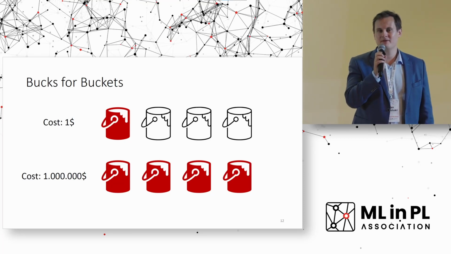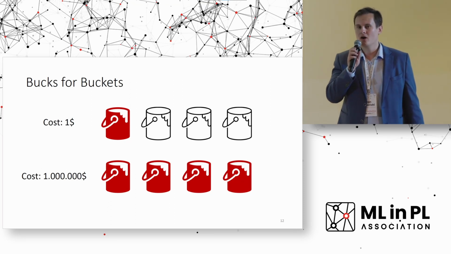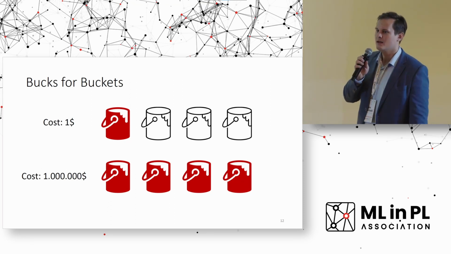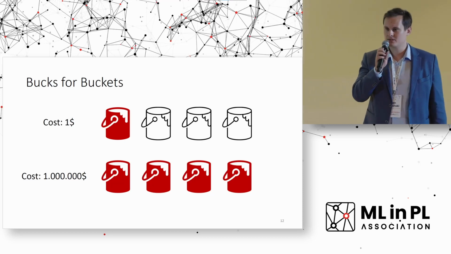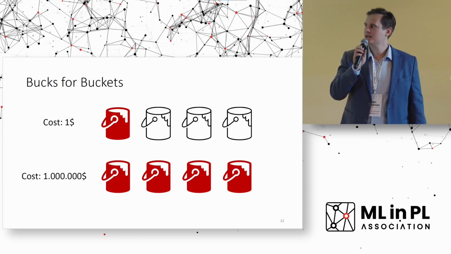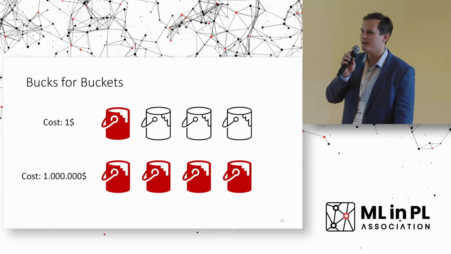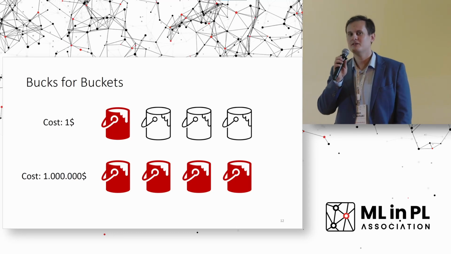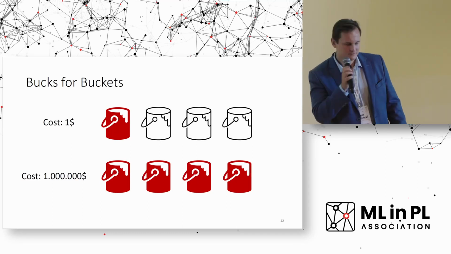However, as the number of buckets that are occupied increases, so does the cost. And in this way, we make the stealing of the model too costly for the attacker.